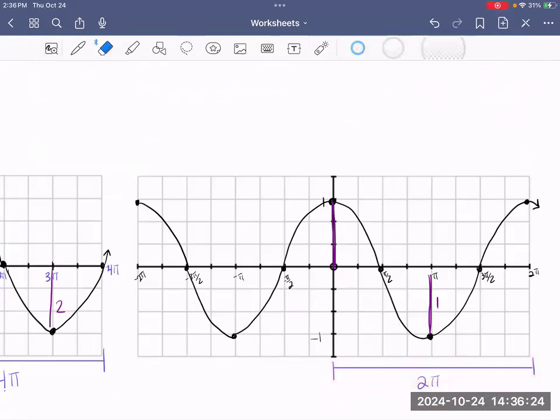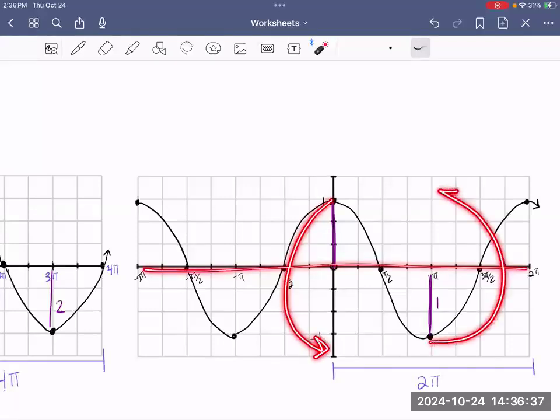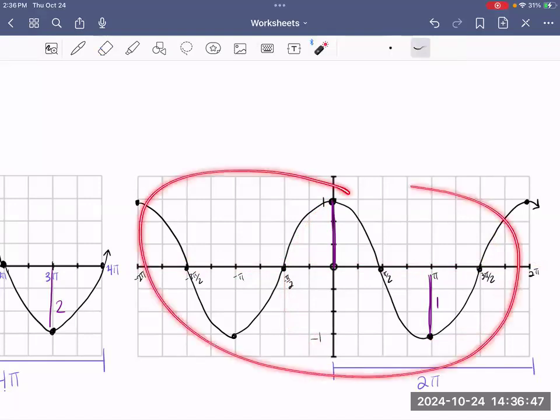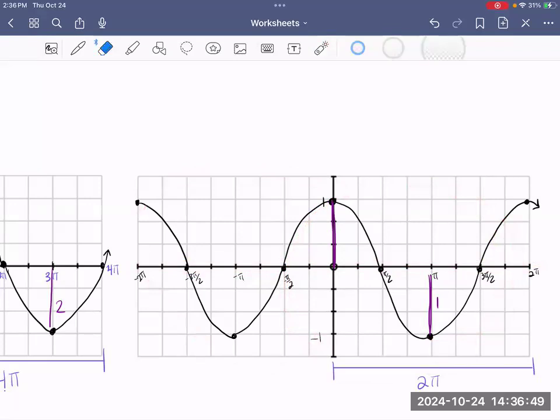Your waves are still at 1. However, we're going to take each of these values and reflect it. So when we go to reflect over the x-axis, all of these values are going to be coming down, and all of these values are going to be coming up. Anything that remains on the x-axis will remain unaffected. So I will have to redraw this, but I did want to get my parent graph on there at least once to just show you that we are going to be adjusting this one slightly.